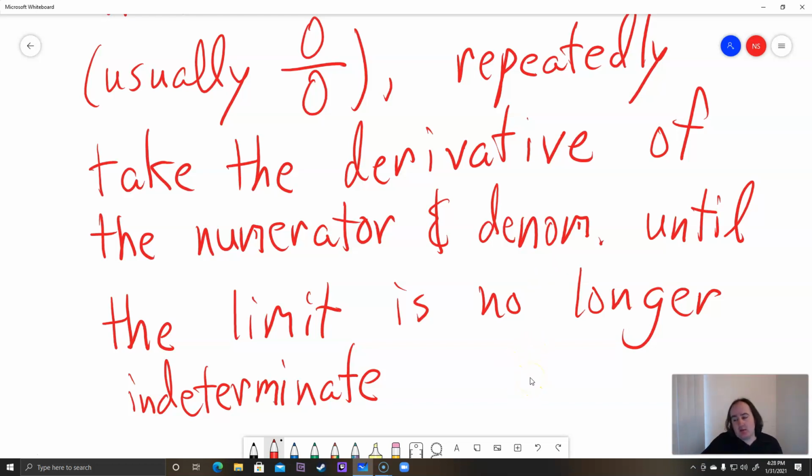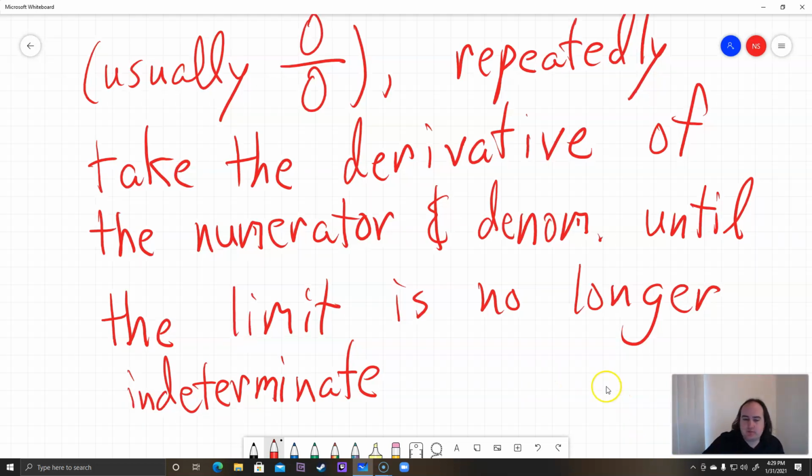So the value of the limit then is going to be whatever you're left with after you've taken the derivative repeatedly. Okay, and by repeatedly I mean you take the derivative once, you plug in the number again, see if it's still indeterminate. And if it is still indeterminate, you take the derivative of the top and the bottom again. So you just keep doing it until you get a limit that's not indeterminate. And then the value of that, when it's not indeterminate, is the same as the value of the original limit.